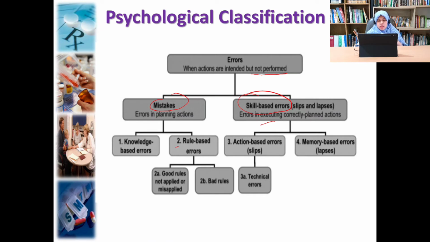The rule-based error can be divided into two types of error. It can be good rules but not applied, and then it can be bad rules. Bad rules are related with SOP, or standard operating procedure. This mistake is an error in planning action.